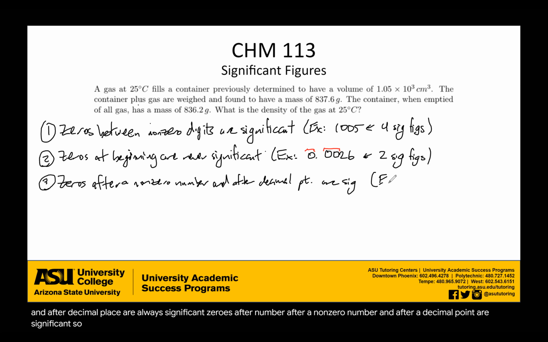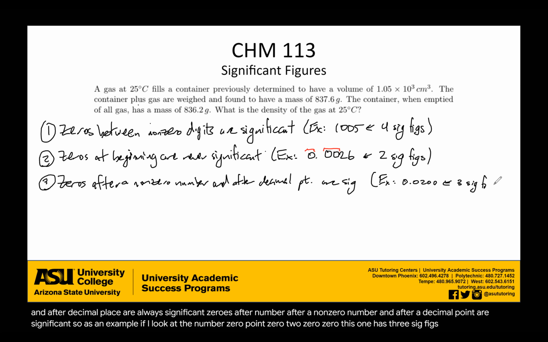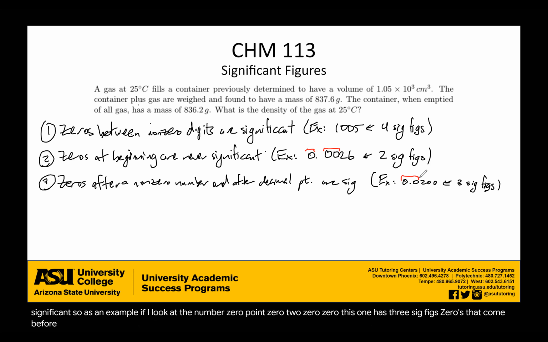So as an example, if I look at the number 0.0200, this one has 3 sig figs. The zeros that come beforehand don't count, but the zeros that come afterwards do count. So this one has 3 sig figs: the number 2, and then those 2 zeros after it all count.